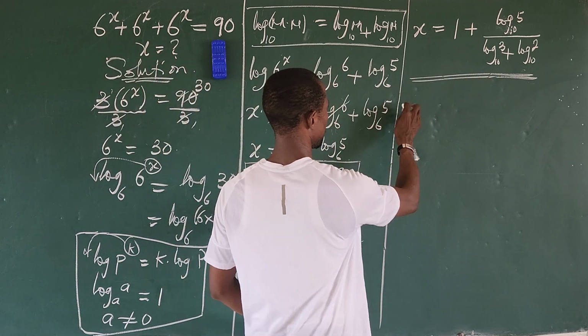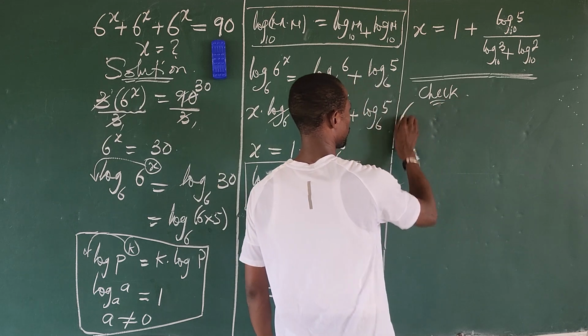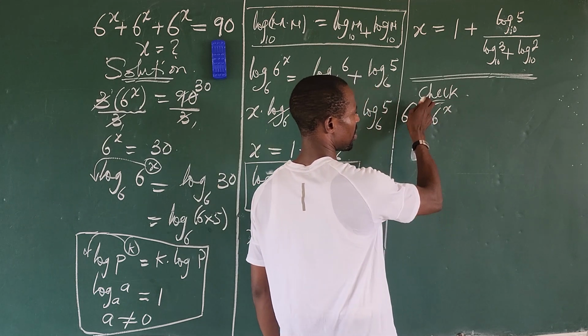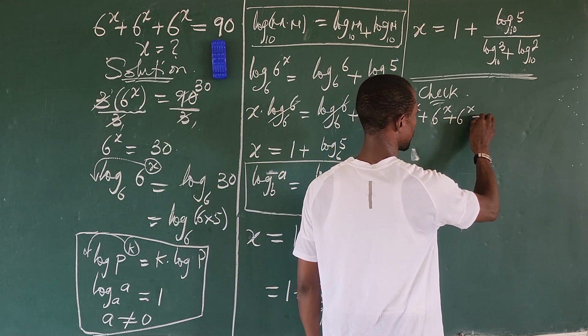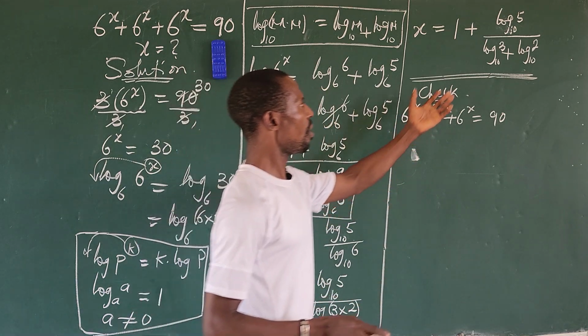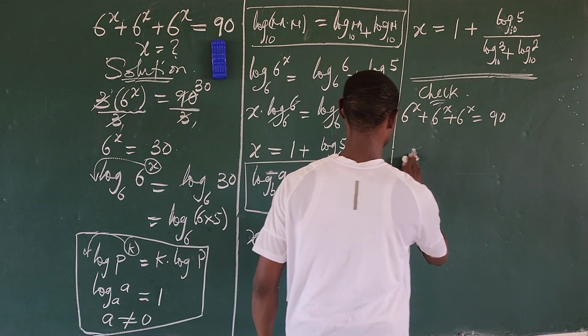So what is our equation? We have 6 to the power of x plus 6 to the power of x plus 6 to the power of x equal to 90. So I want to put all these quantities up here. Let's see how this works out.